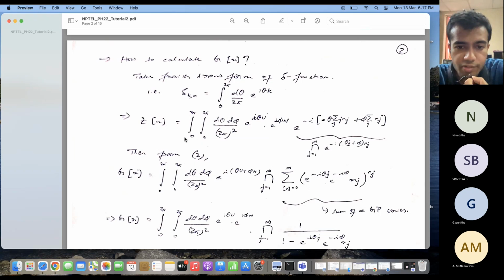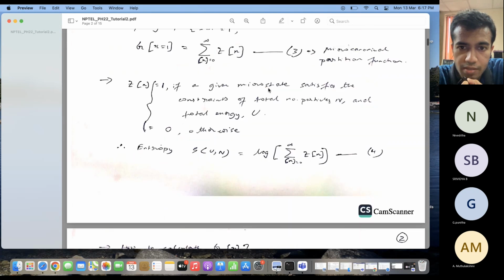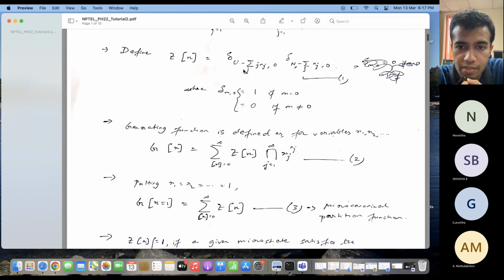So you have two integrals going from 0 to 2 pi over the two variables theta and phi, d theta and d phi, with a factor of 1 over 2 pi squared because of the two integrals. And k is basically these two quantities: one k is this one and the other k is this one.